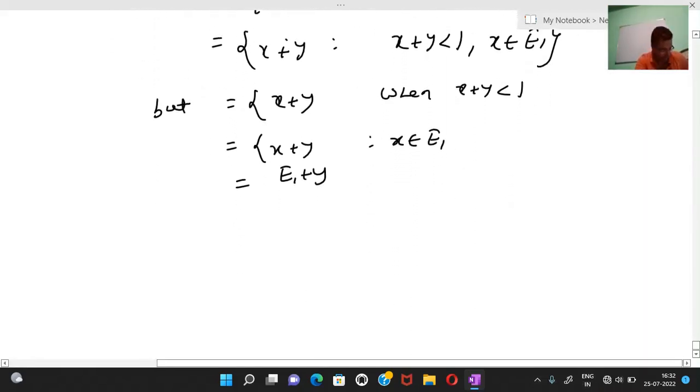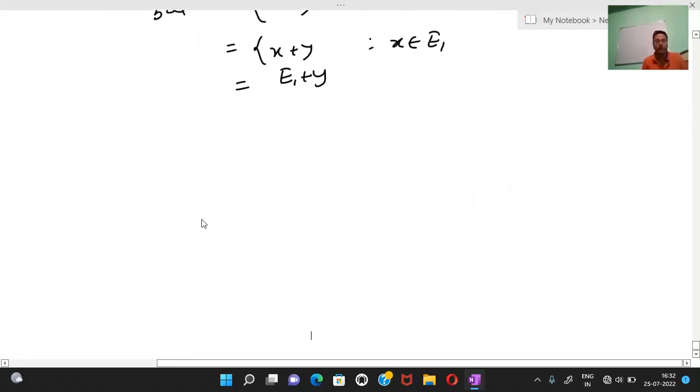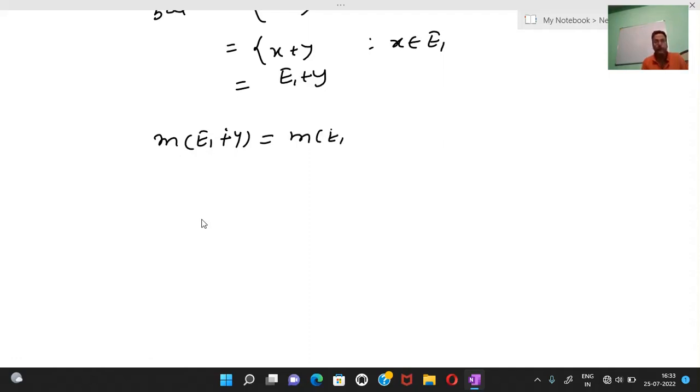The first part is the measure of E1 plus dot y equal to the measure of E1 plus y, and it is equal to the measure of E1.